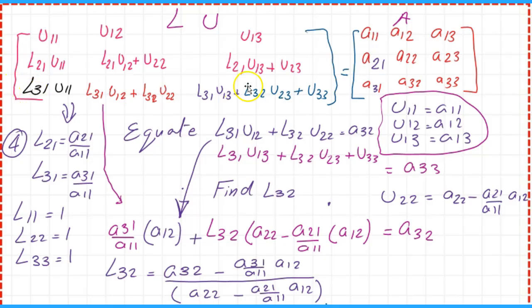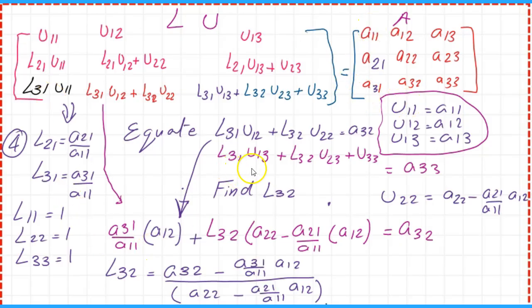We move to the third row, second column, L31 U12 plus L32 U22 equal to A32. We use the data that we have: U11 equal to A11, U12 equal to A12, and U13 equal to A13. So L31 is equal to A31 over A11.